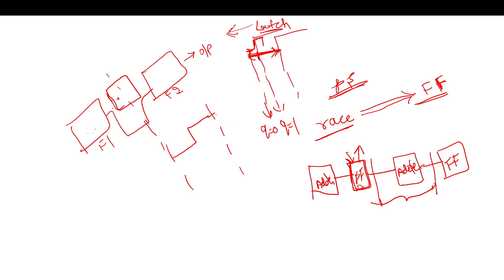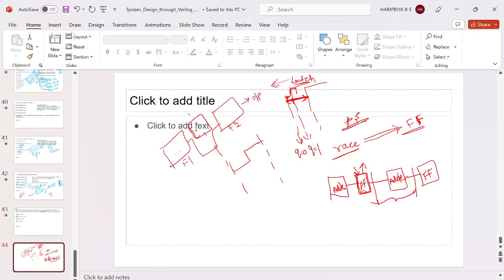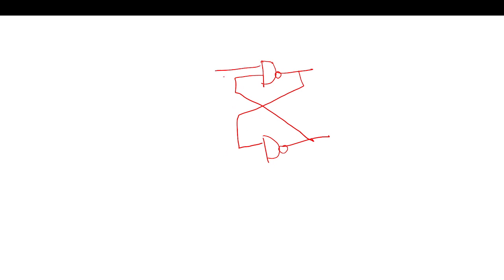In JK, the not allowed state becomes the toggle state. That is the reason for these race conditions. This one will be my SR latch, then this will be my S bar R bar.